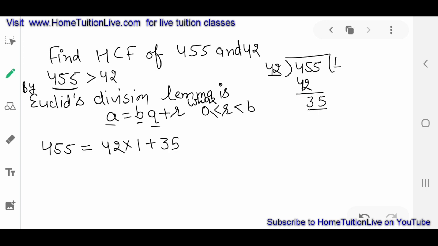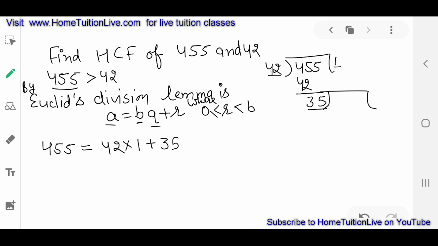Now can we divide it further? Yes, we can divide, because we are not getting remainder 0, so we will divide it until we get remainder 0.